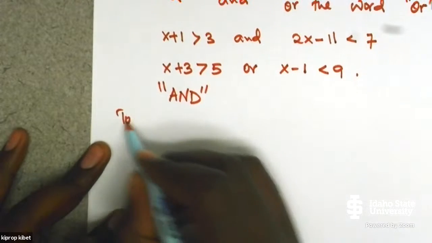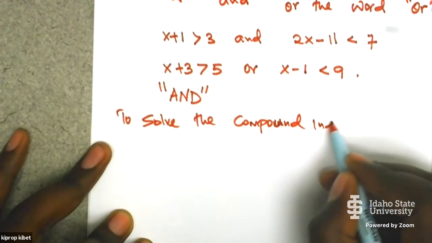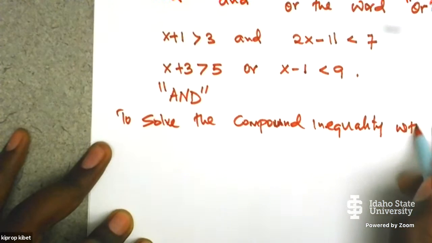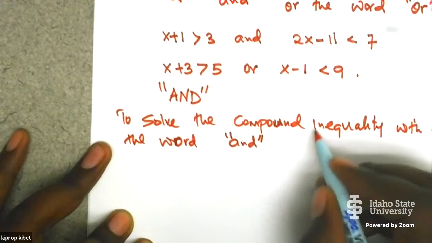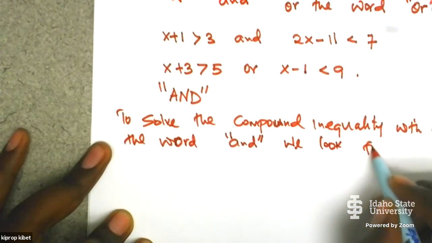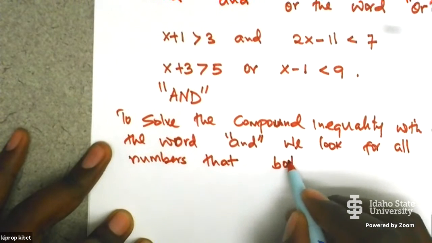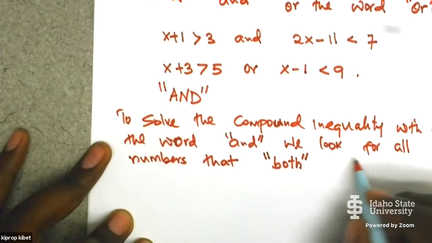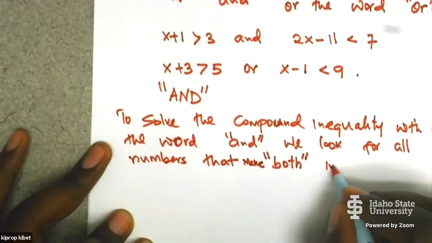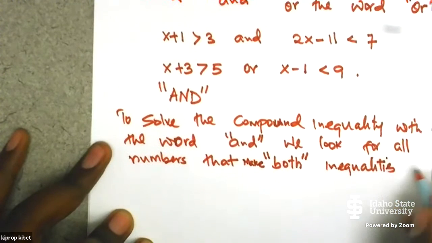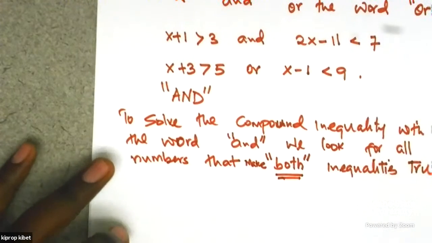To solve a compound inequality with the word and, we look for all numbers that make both inequalities true.